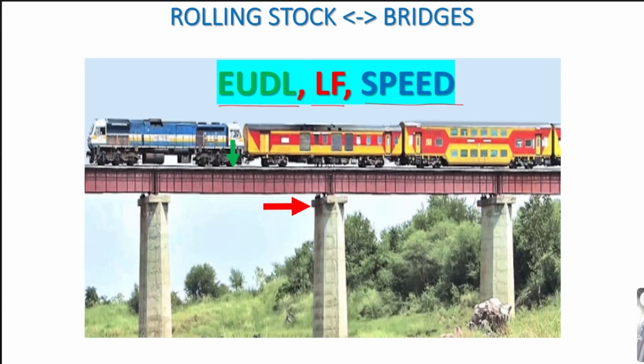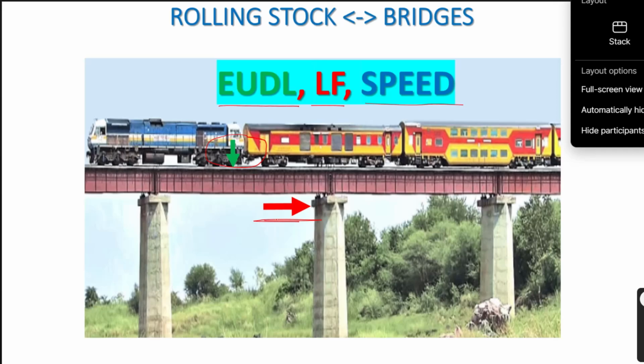Here, I am showing the UDL in green color. It is a vertical load which comes to the superstructure directly. The longitudinal force I am showing in red color. Basically, it is transferred from the superstructure to the substructure.